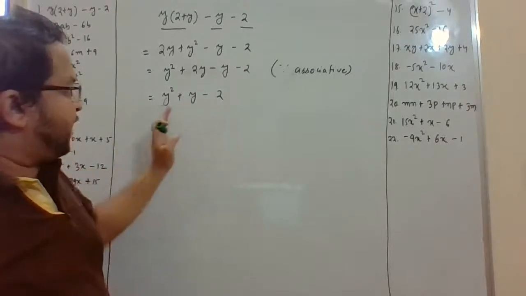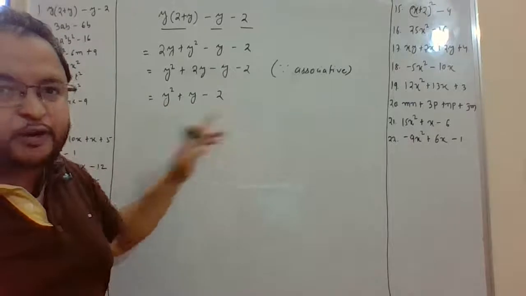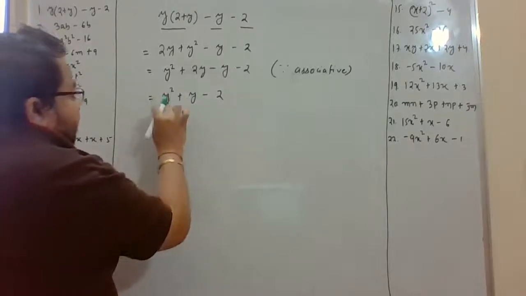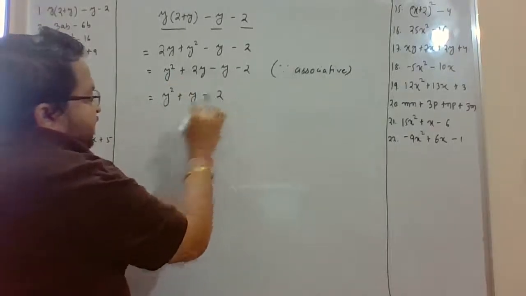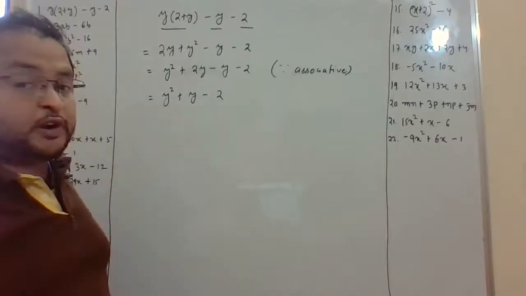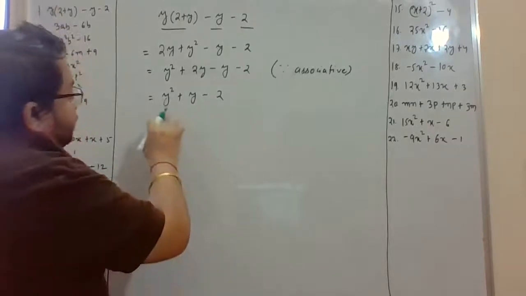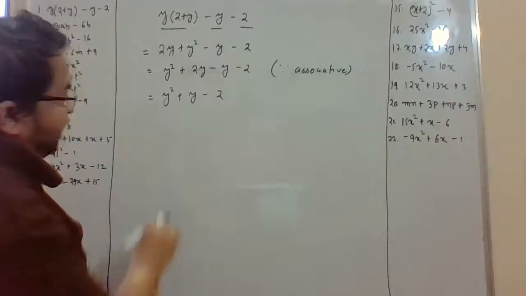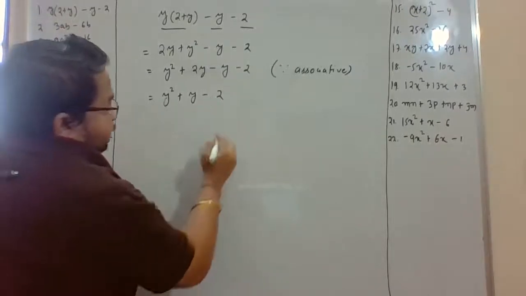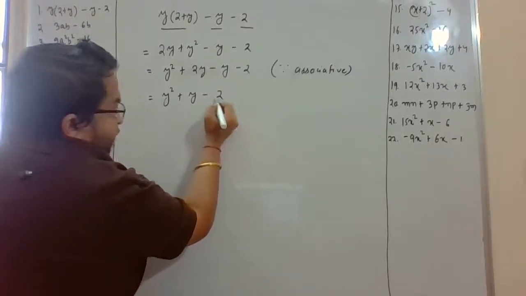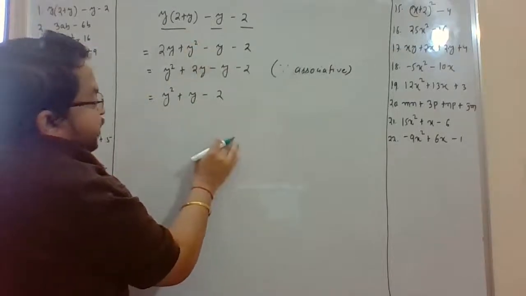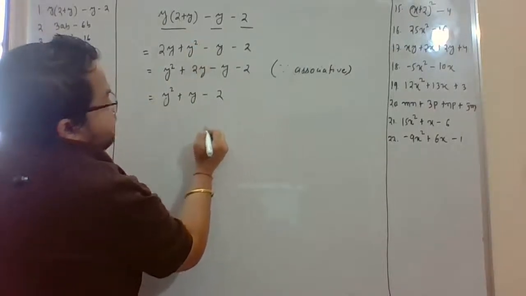I have arrived at a quadratic trinomial, since the highest degree of y is 2 and there are three terms. To solve this quadratic trinomial, as we have seen yesterday, I can use the sum and product type.